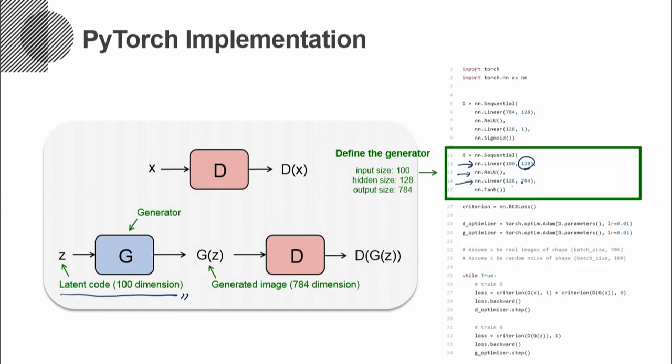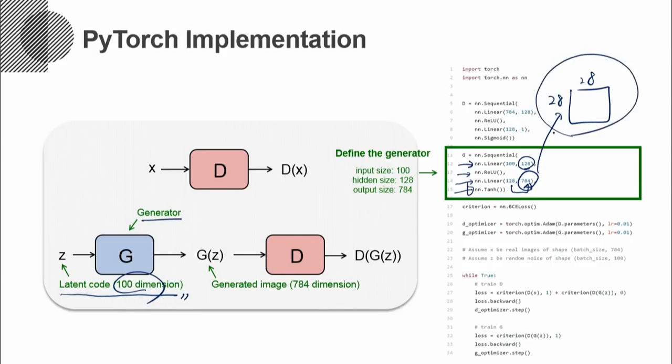Next we generate and expand to a 784-dimensional vector, and then we can use a tanh layer, and reshape this output vector of 784 dimensions into a 28 by 28 matrix, so that it can represent a particular image. So that way, given this 100-dimensional vector, our generator network generates this 28 by 28 image as an output.